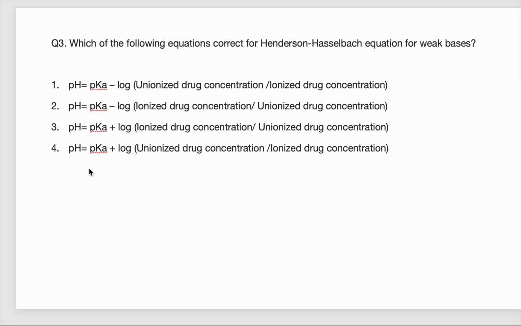It is used to calculate if the drug is more or less absorbed or distributed in different environments. It correlates the pH and pKa along with the ionized and unionized concentration of weak acids and weak bases. If the drug is a weak acid, then we'll say A minus by AH, where A minus is the ionized form of the drug and AH is the unionized form of the drug. Just look at the options. Which one do you think is the correct option here?